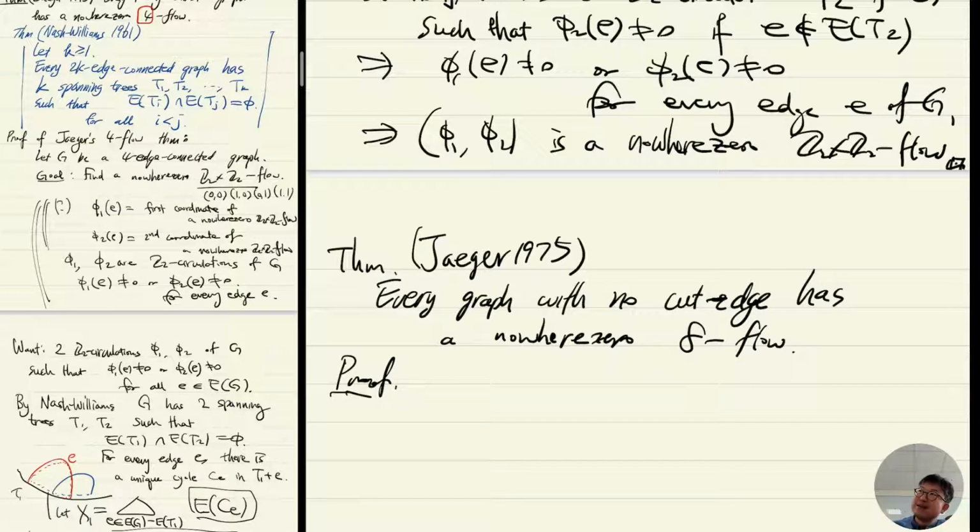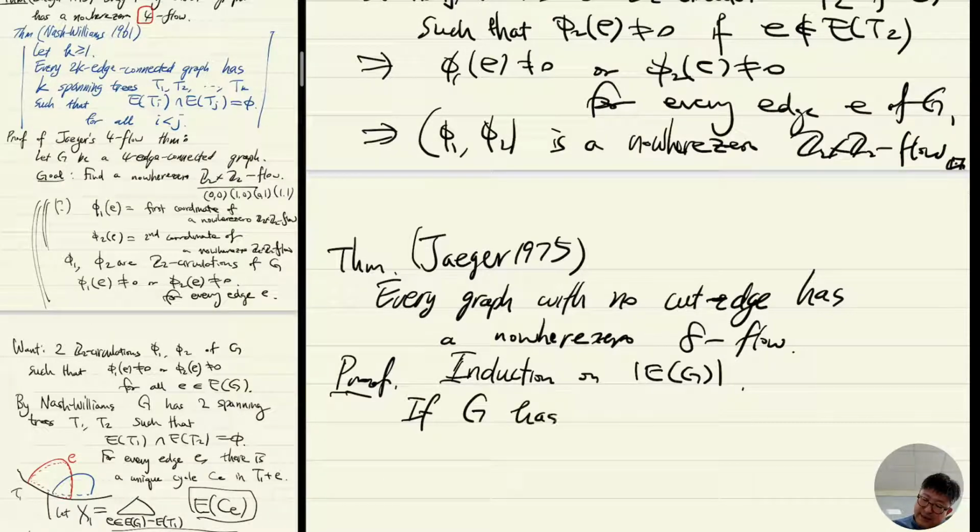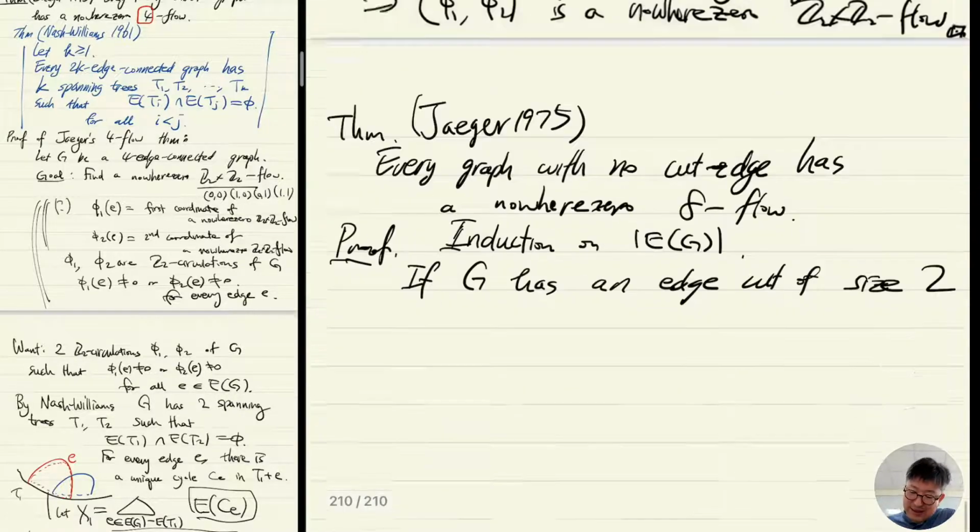All right. So here's the idea. Let's do the induction on the number of edges. If G has an edge cut of size 2, I want to increase the edge connectivity. So if I have a small edge cut, what should I do?